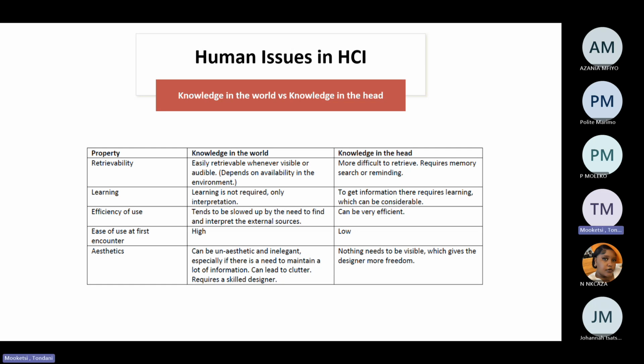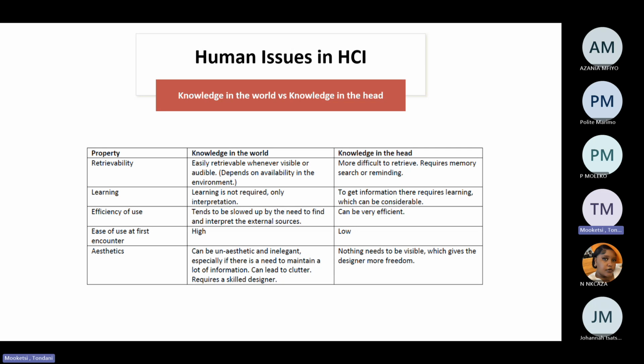So aesthetics is how something looks, whether it is elegant or cluttered. So the property of retrievability.